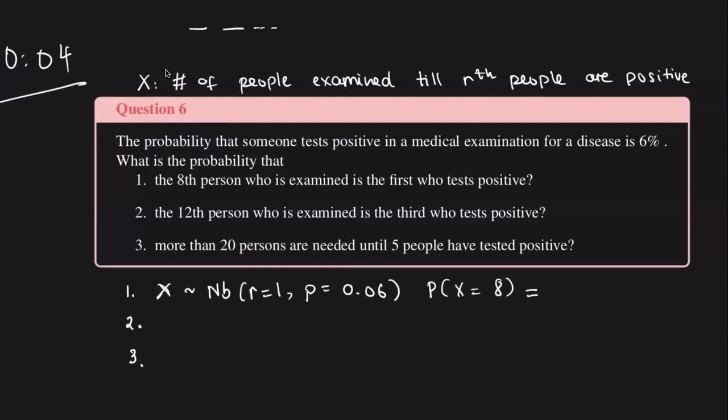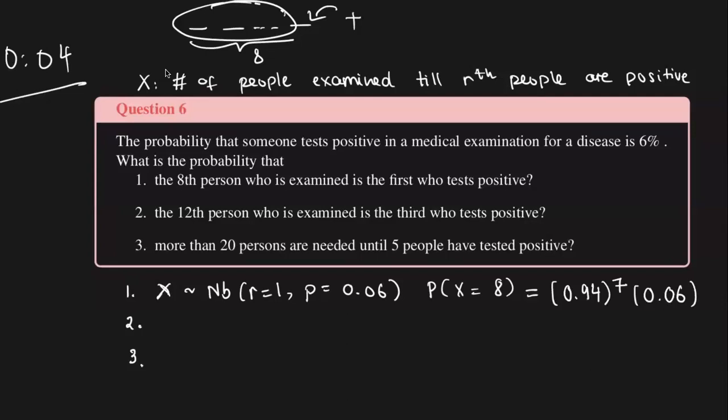If we have 8 people, and this one is our first positive, then everything before that has to be negative. So we apply negative to 7 people and positive to the 8th person. Then this would be the answer.